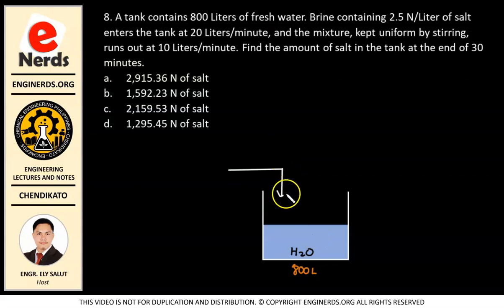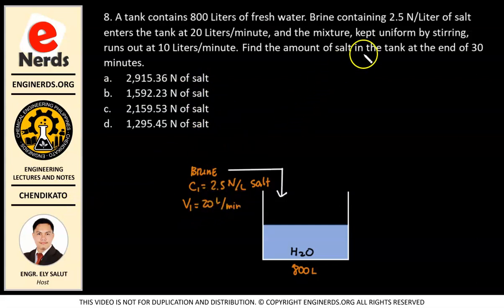So this is a brine, and it contains 2.5 newtons per liter. So let's say this is our concentration 1, which is 2.5 newtons per liter ng salt. And it enters at the rate, which is our volumetric flow rate 1, which is 20 liters per minute.